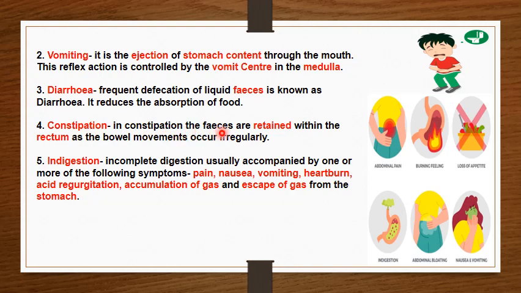In constipation, the fecal matter are retained within the rectum as the bowel movement occur irregularly. 5. Indigestion. Incomplete digestion usually accompanied by one or more of the following symptoms: pain, nausea, vomiting, heartburn, acid regurgitation, accumulation of gas, and escape of gas from the stomach.